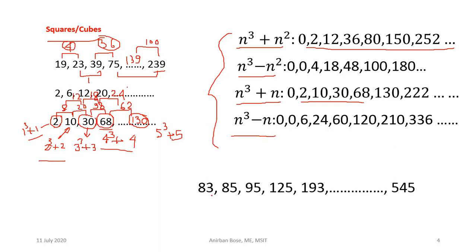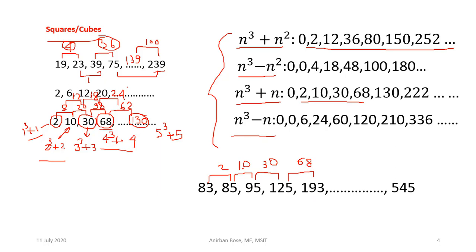Now let us see this particular problem. 83, 85, the difference is 2. Then 10. You see 95, 125, the difference is 30. Then 125, 193, the difference is 68.